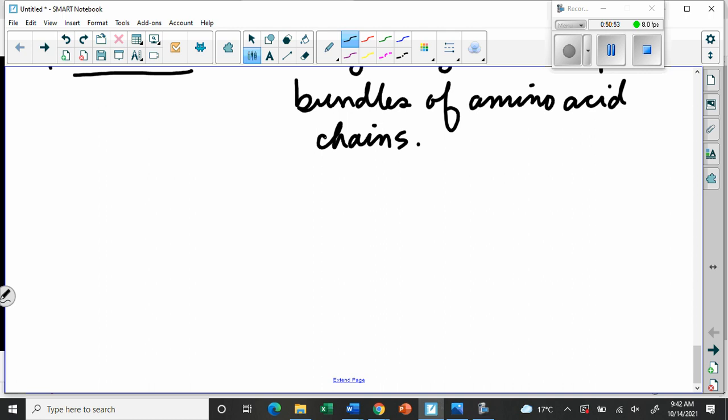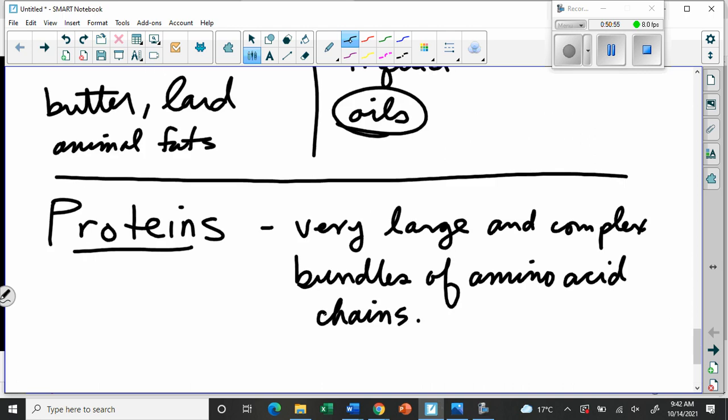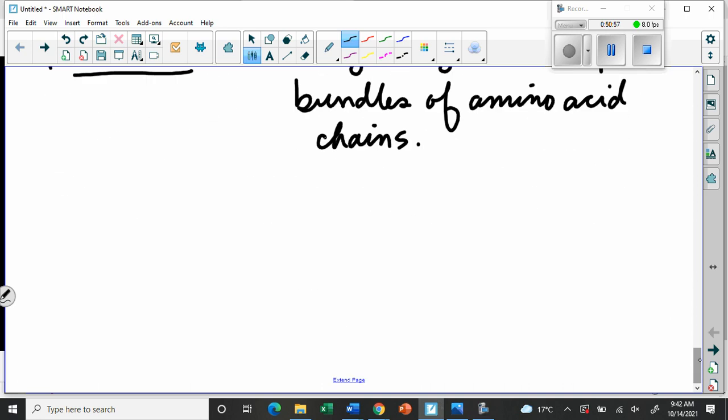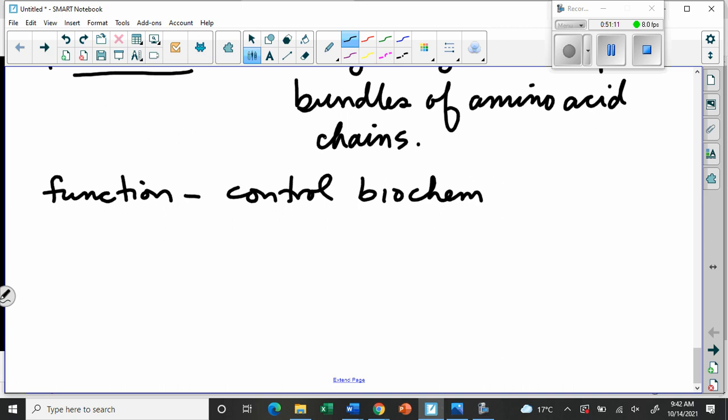Okay, so those are the proteins. Now, what do they do? Whoops, Mr. Smartboard is jumping around. Well, they function in many, many different ways. They control chemical reactions, biochemical reactions. There's a protein that goes with almost every step or stage of every biochemical reaction.